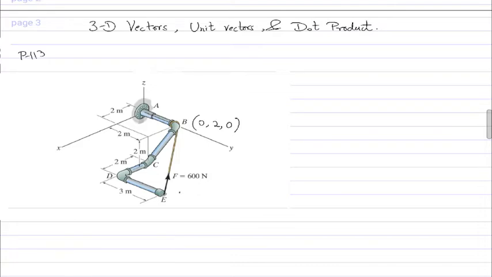Moving on to E, the x, y, z coordinates for E are 4, 5, -2. And for D, what I have is 4, 2, -2. So I think we have all the coordinates that are essential to solve this problem.